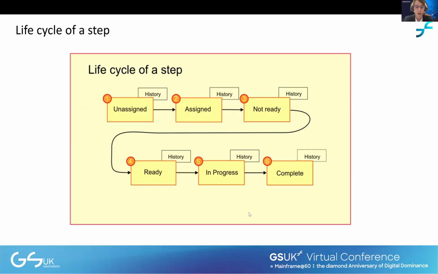And when you are waiting, for example, for some JCL to be finished, the step is then in progress. And hopefully after that, the step will be completed, or in the worst case scenario, failed.